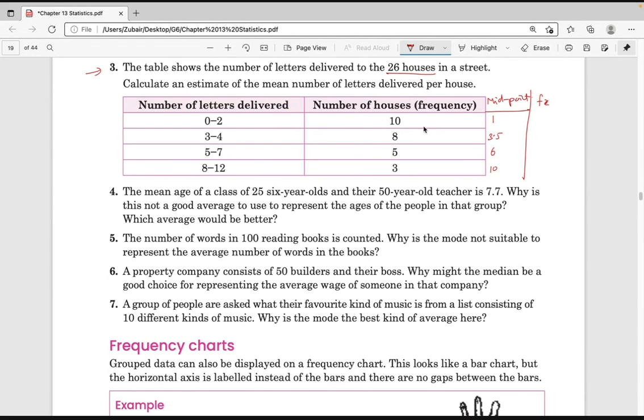I am writing fx. 10 into 1 is 10. 3.5 into 8 is 28. 5, 6 times 30. 10 into 3 is 30. So summation fx is 10 plus 28 plus 30 plus 30, which is 98.